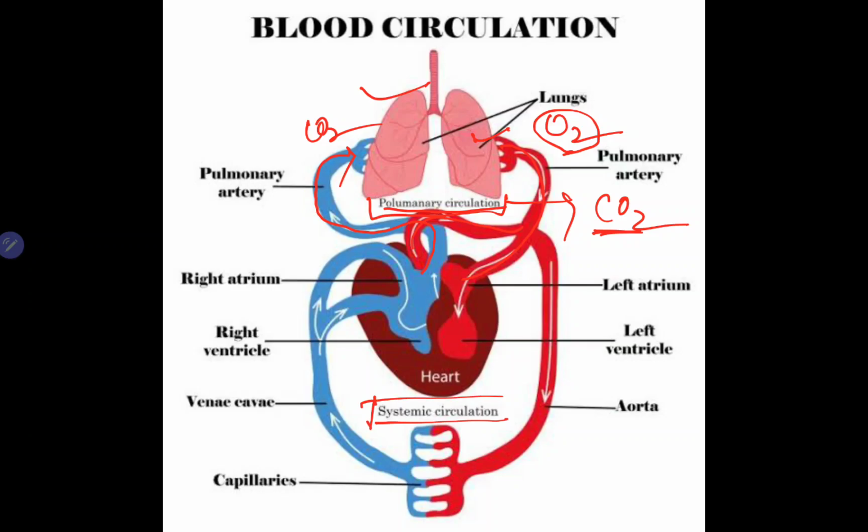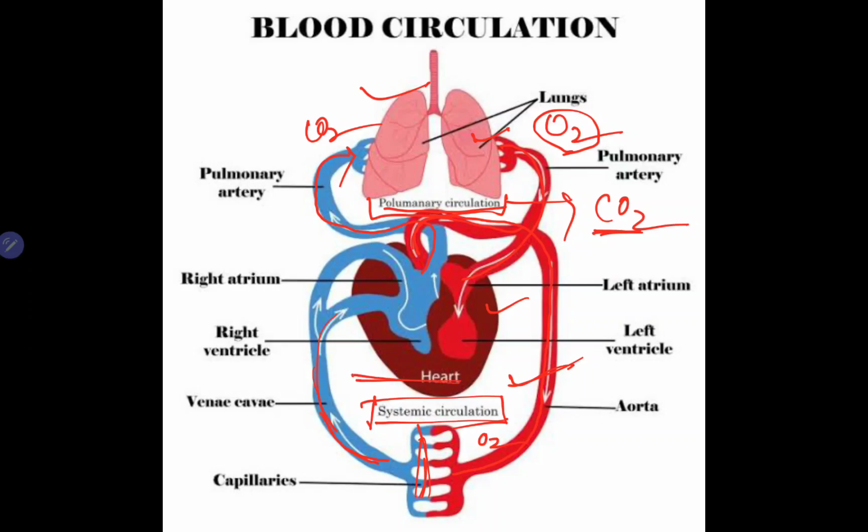Now systemic circulation is another portion of the circulation where oxygenated blood is pumped from the heart to every organ. This is the heart. Here oxygenated blood is pumped to every organ and tissue in the body, and deoxygenated blood comes back again to the heart from the different body organs after the organs have worked.